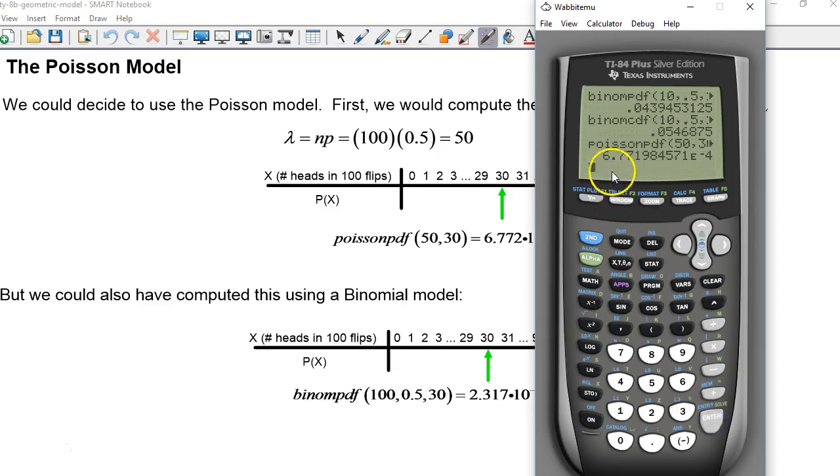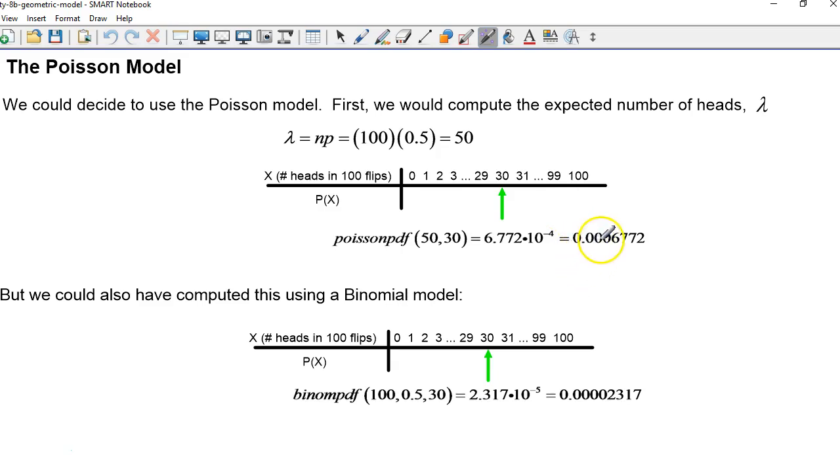We would get 6.77 times 10 to the negative fourth. That e is not an error, that means exponential notation. So 6.77 times 10 to the negative fourth is about 0.00067. You shift the decimal point left 4 places because of that negative. So 1, 2, 3, 4. So that's an extremely low probability, right?